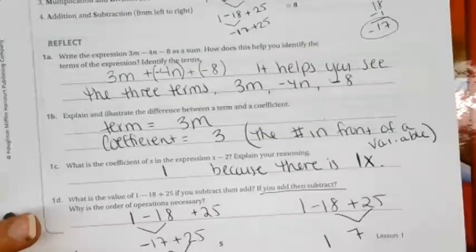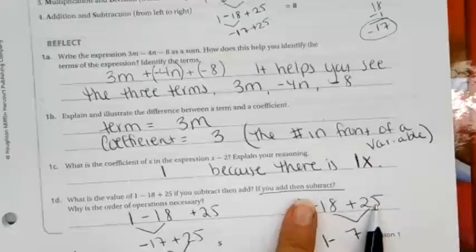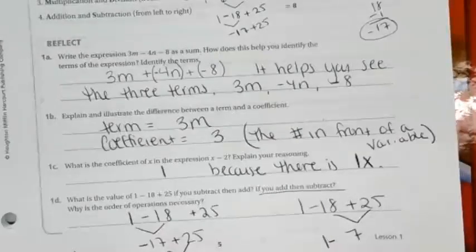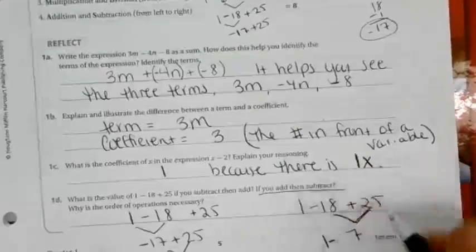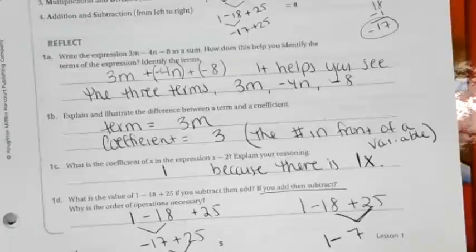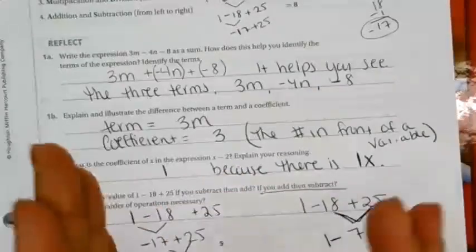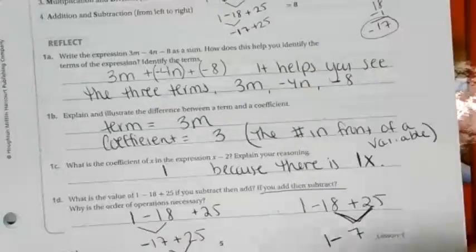Oh, I guess they're saying if you add and then subtract. So I want to say that they're trying to get you to do 18 plus 25 without that negative, right? Well, regardless, even if you did it properly, if you're subtracting then, because this would be positive, you're not going to get the same answer. Let's see, what do they want you to say? They're saying negative 42 because they're saying 18 plus 25 and ignoring the negative.